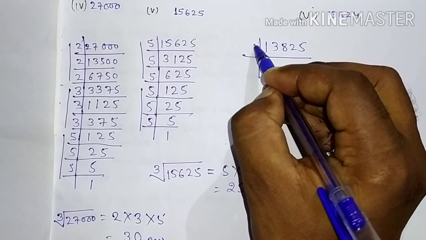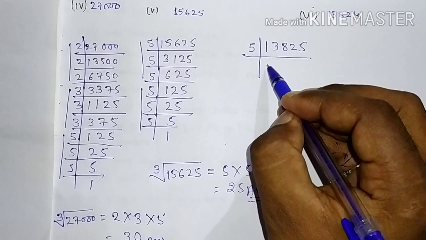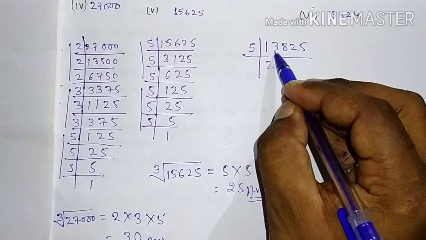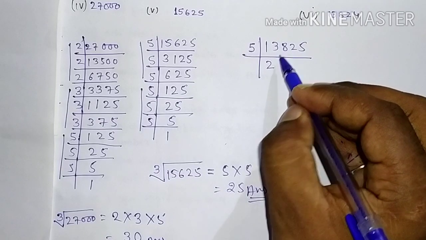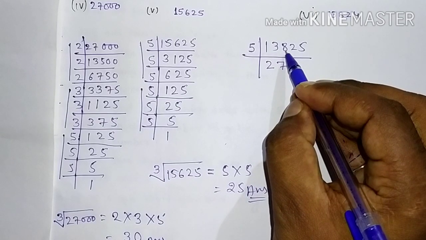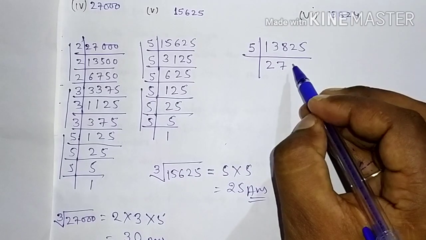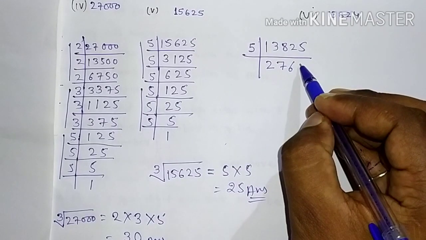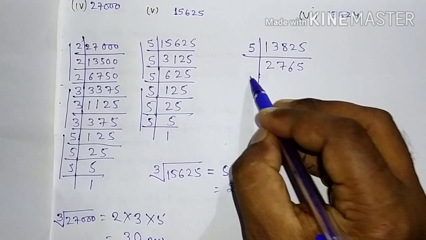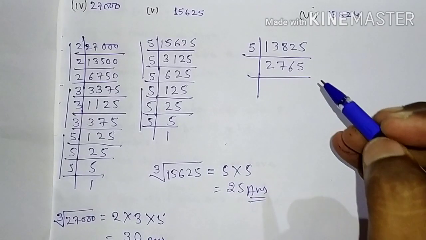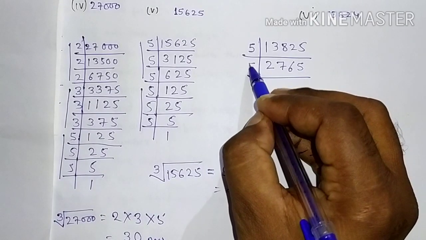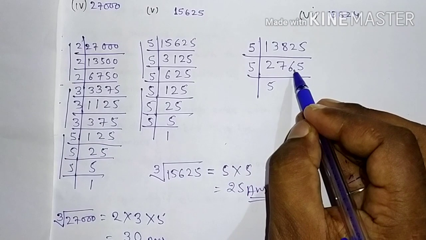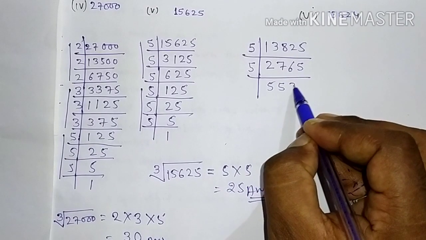So here we can check by 5, 5 2 is 10, carry 3, 38, 5 7 is 35, carry 3, 32, 5 6 is 30, 5 5 is 25. Again divide by 5, 5 5 is 25, carry 2, 26, 5 5 is 25, 5 3 is 15.